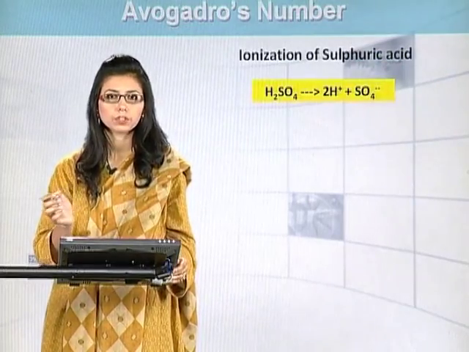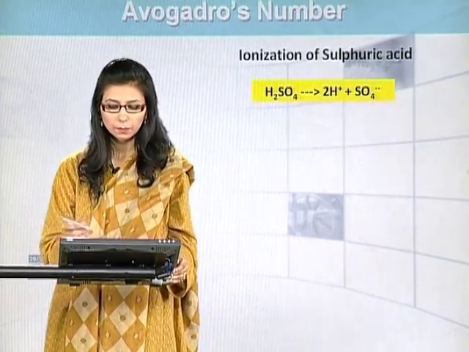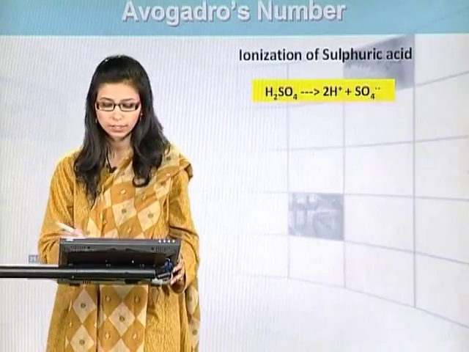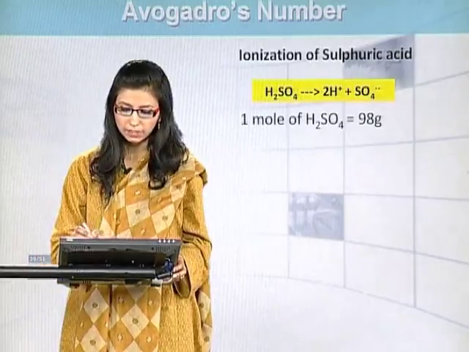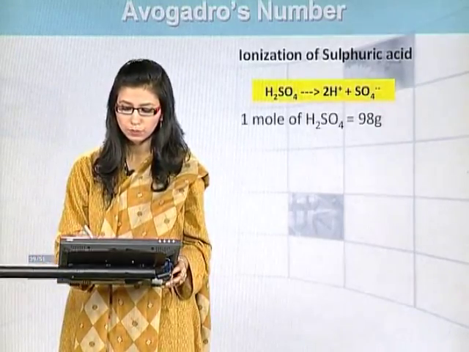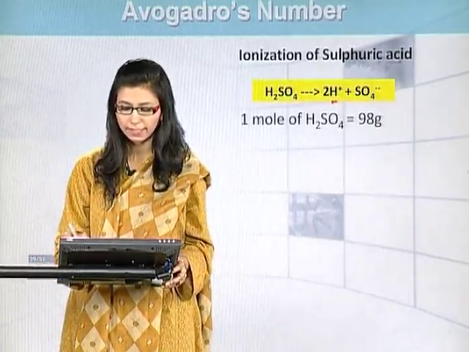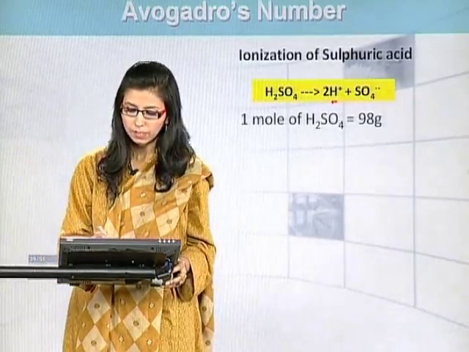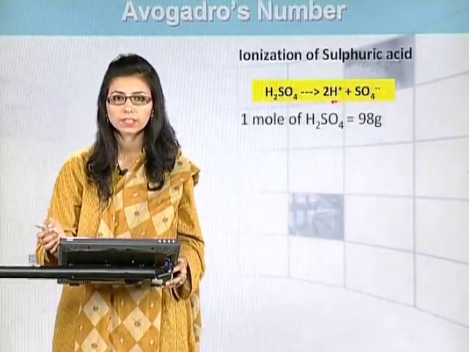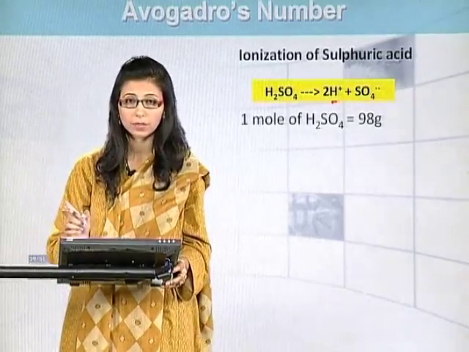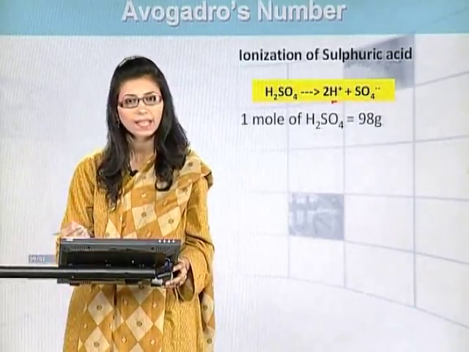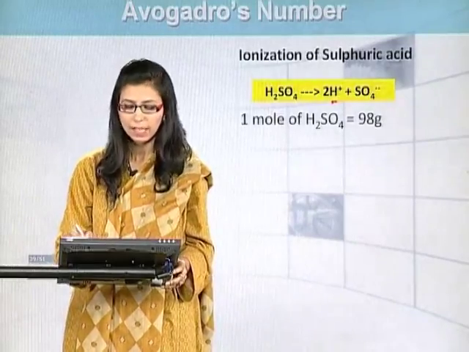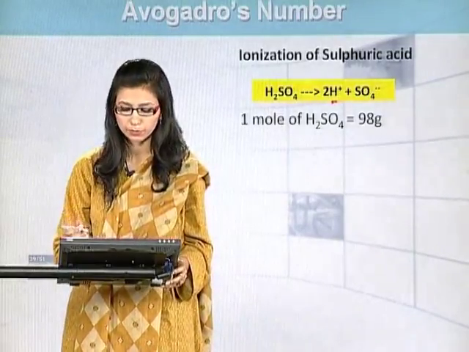Ionization sulfuric acid की हमने constituent particles की बात की है. अब if I have done the ionization, मैंने hydrolysis कराया है या ionization की है sulfuric acid की, तो it will give me the ionic species, H positive ion and SO4 2 negative ion. So I want to know how many quantities of these ions have been produced. If I am dealing with 1 mole of H2SO4, I can simply say that 2 moles of H positive ion and 1 mole of sulfate ion has been produced.